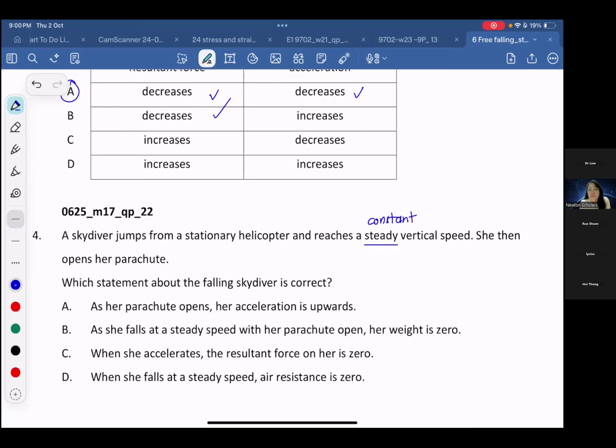For this question, it might be slightly difficult, but you can choose the ones that are wrong, cross them out, and choose the most correct one. Any of you? Number 4, what is the answer that you think?